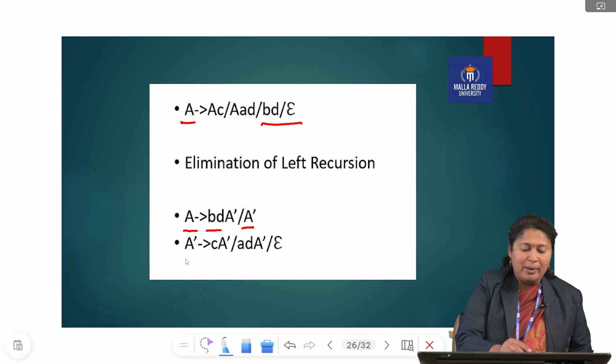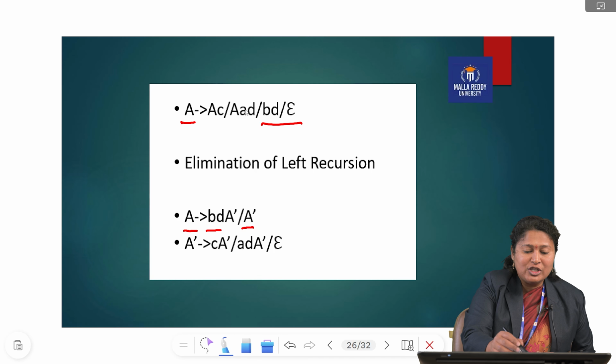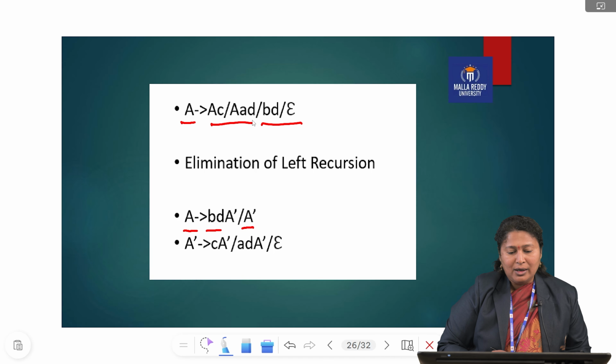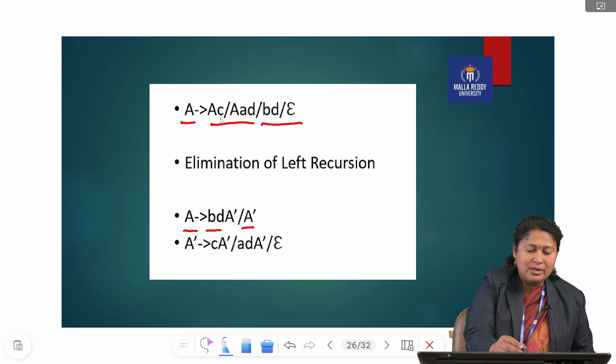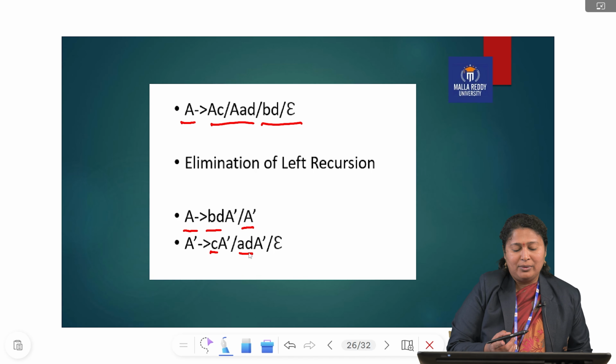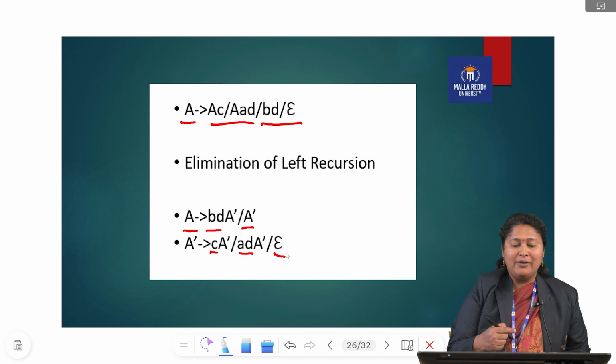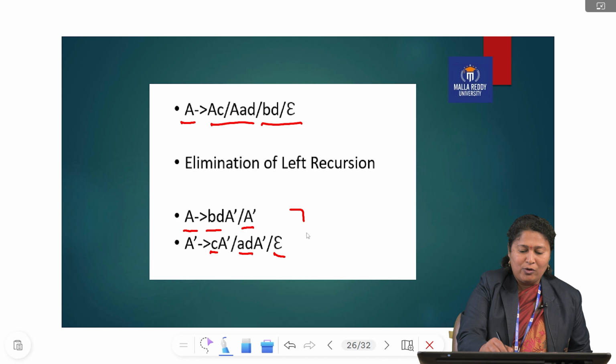Next, for A complement, take the productions which have A, and other than A, take the remaining string. That is C here and A D here. Just add A complement beside that and add an epsilon. So this is the method to eliminate left recursion. Change the grammar by eliminating left recursion into this format.